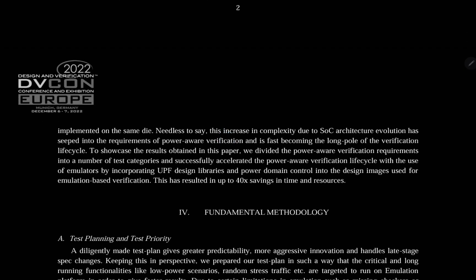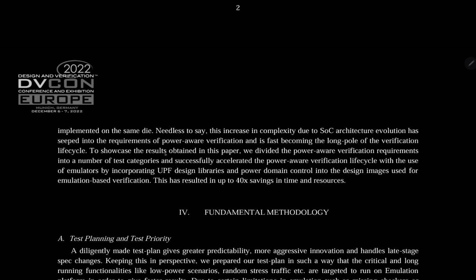Needless to say, this increase in complexity due to SoC architecture evolution has shifted into the requirement of power verification and is fast becoming the long pole of the verification life cycle.